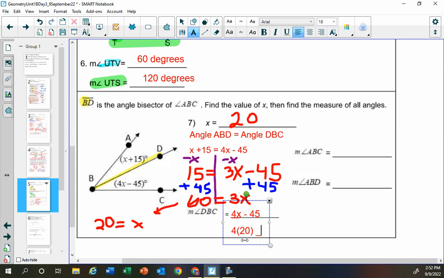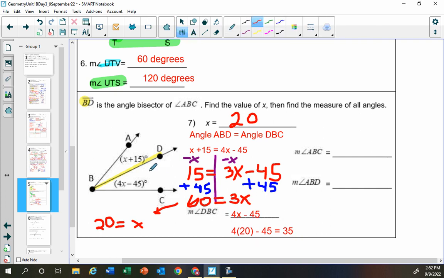If you do that, what would we get? Okay, you get 35 for DBC. So if this guy's 35, then what must ABD also be? 35 as well.